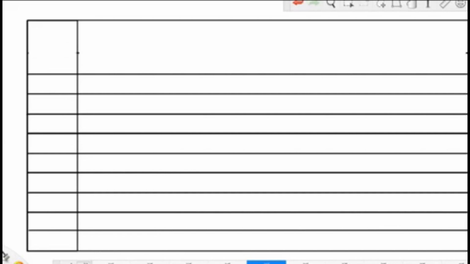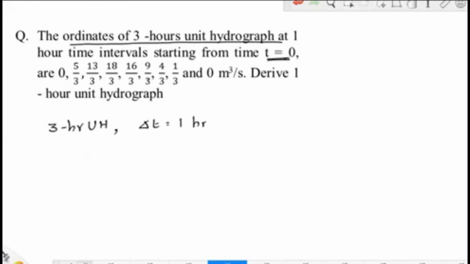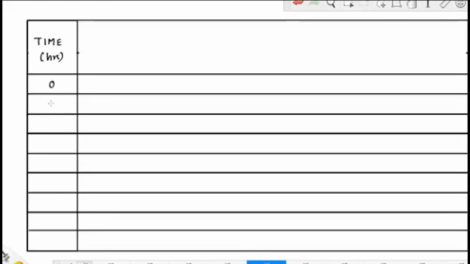In the S curve, what you are supposed to remember, I told you. First column will be time in hours. As the problem mentions, starting from t equal to 0, the time interval is 1 hour, so 0, 1, 2, 3, 4, 5, 6, 7, 8.